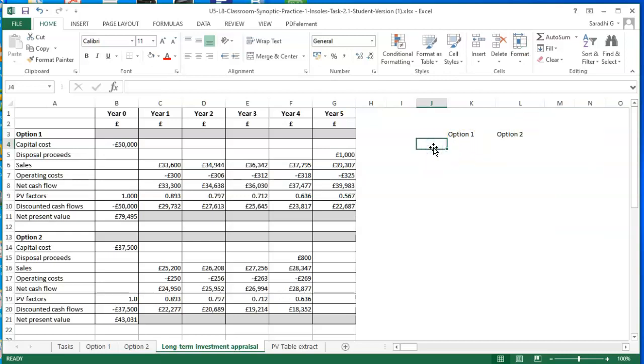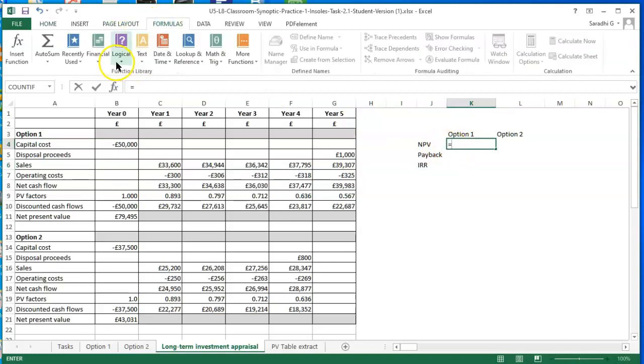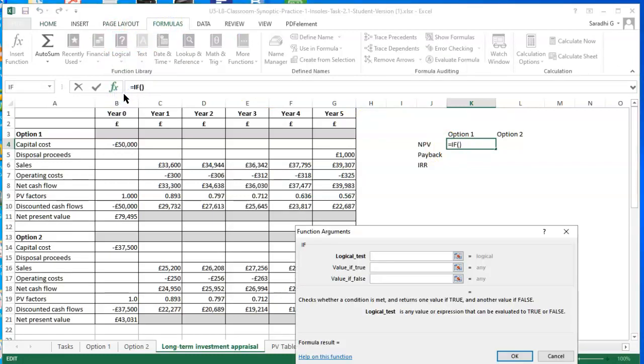Here they want you to write NPV, then payback, and then IRR, and something else. They want you to check using the logical IF statement. For NPV, you accept the project if it is positive.